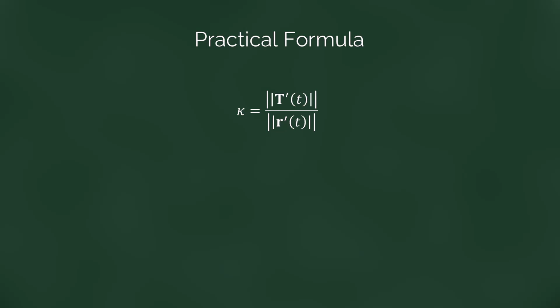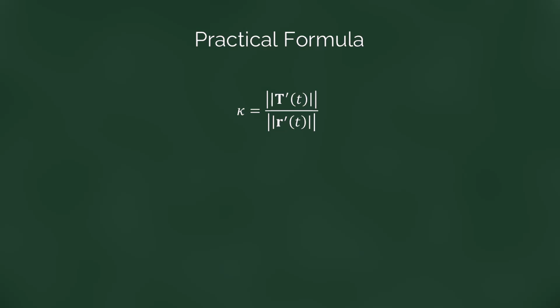The fundamental theorem of calculus then tells us that ds/dt, if we take the derivative of that function with respect to t, is the magnitude of r prime of t. Well then, by taking the reciprocal, dt/ds is 1 over the magnitude of r prime of t.